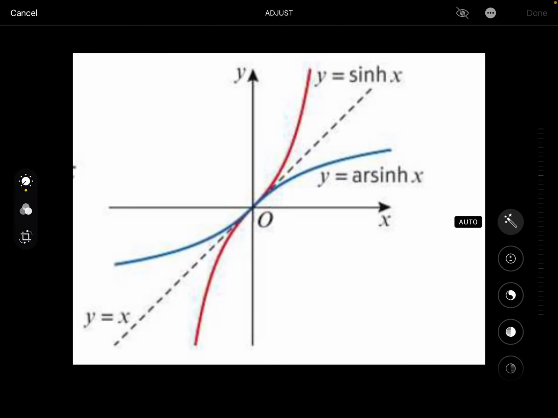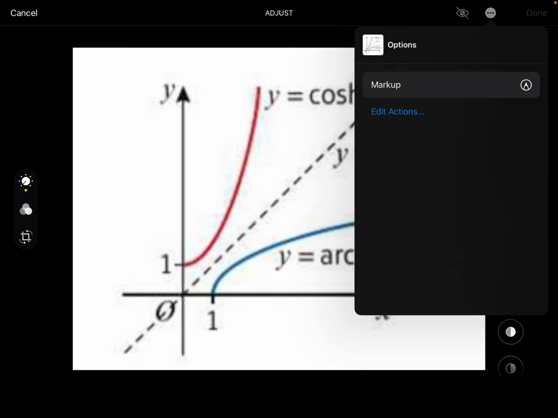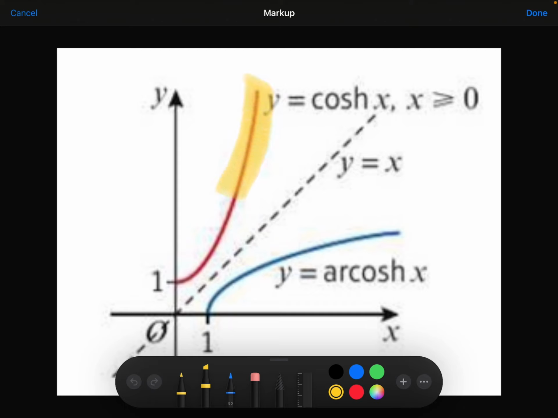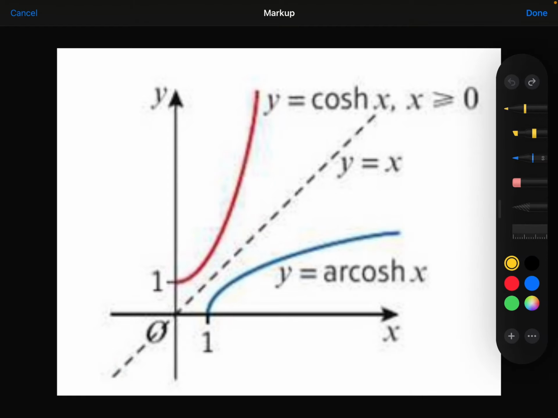But with cosh, remember that the cosh graph, when we did this last video, was actually like that. But that's not a one-to-one function. Therefore, its inverse, arcosh, would not exist. So to overcome that, we restrict the domain, and we say that x has to be greater than or equal to 0.